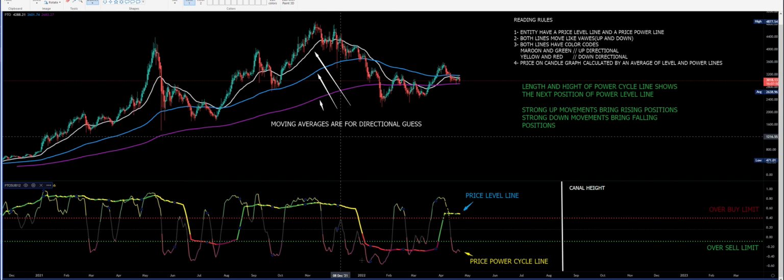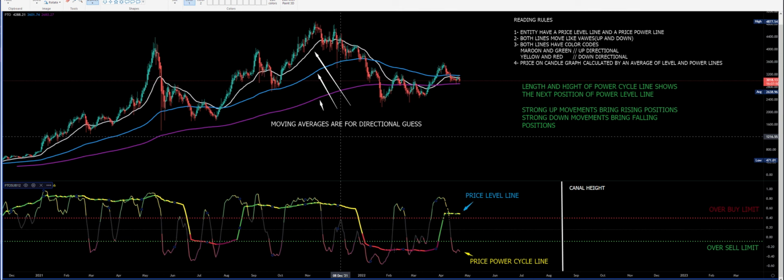If the power cycle line is at the down, you have to understand that it's the bearish time. You have to wait for the maroon to have, for example, a trade opportunity for bullish. But while doing that, if the power level line is down like this, that means the market is very low.